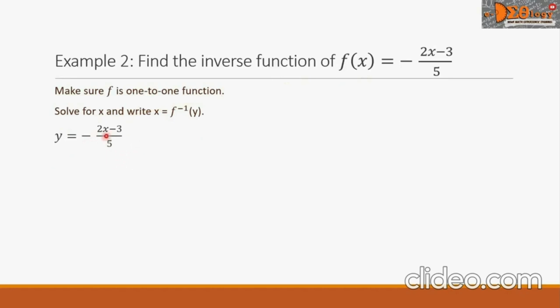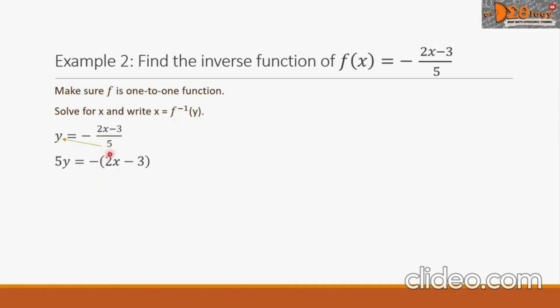First, this 5 I'm going to cross multiply with the y on the left side. So I have now 5y equals the negative of the quantity 2x minus 3. I'm going to remove the grouping symbol, so the negative sign here will be multiplied to each term of the binomial.